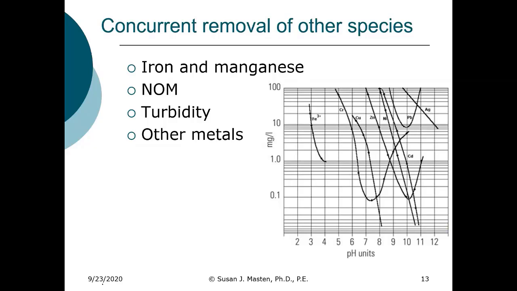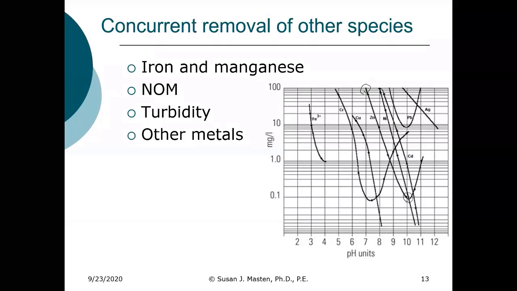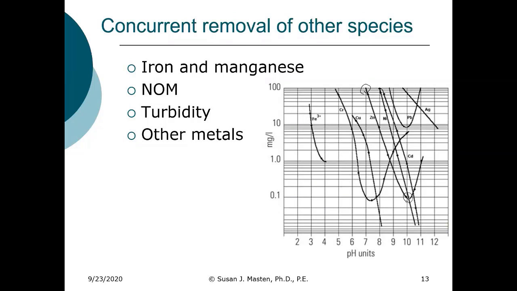So for instance, if we look at zinc and we start out at a pH of 7, and we raise the pH to about 10, we decrease the solubility from about 100 milligrams per liter down to 0.1.